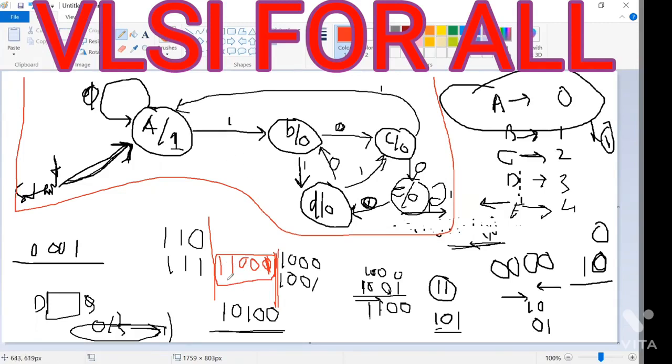So this number 11001 is 25. Now let's trace this number 1 1 0 0 1. We are back to state A. That means this number is divisible by 5.